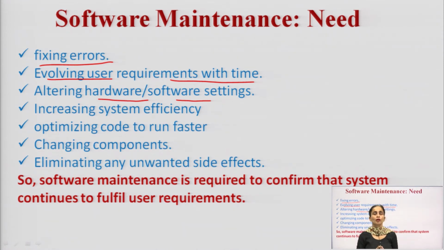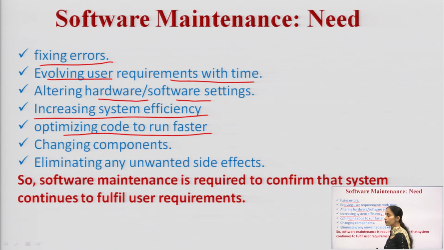We want to change some features of my existing software. I also want to increase the efficiency of my system. That can only be done once I am maintaining it. So, there is a need for optimizing the code so that it can run faster.